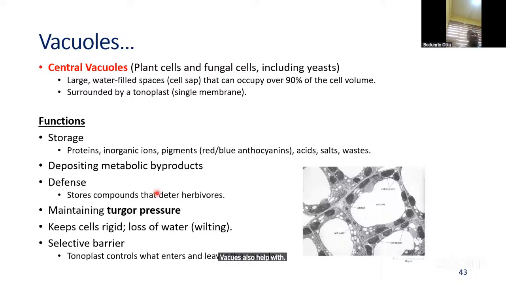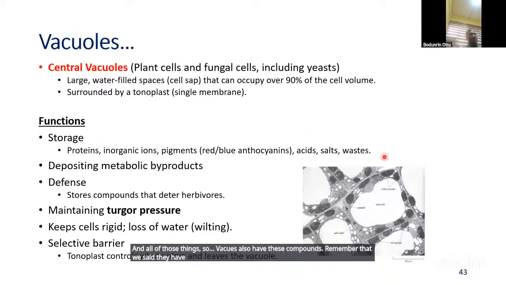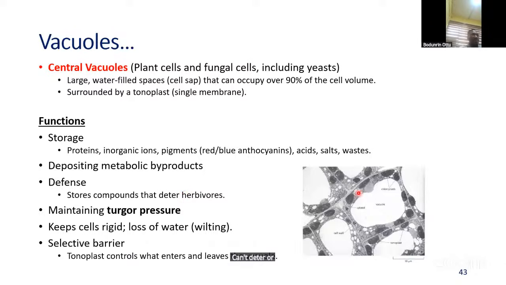So they store compounds that can repel herbivores, right? Herbivores are plant eaters, from the word herbivores, carnivores, omnivores, and all of those things. Remember that we said they have all these compounds. So some of these compounds can deter or repel herbivores.